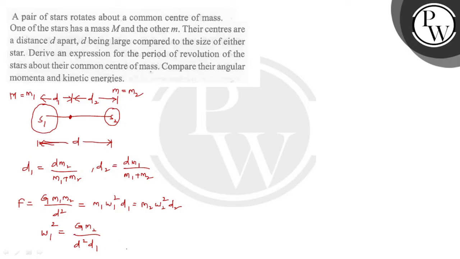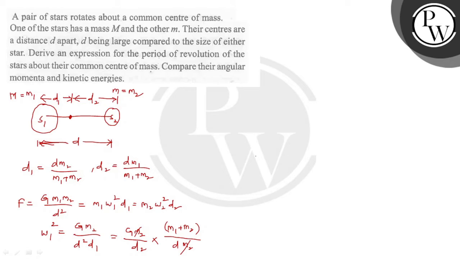Now this can be written as G m2 by d square into m1 plus m2 upon d m2, is it not? So m2 gets cancelled.